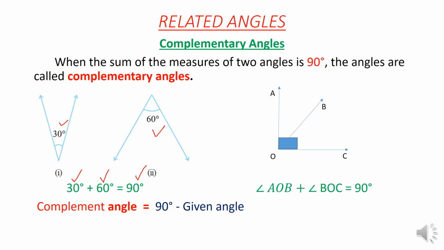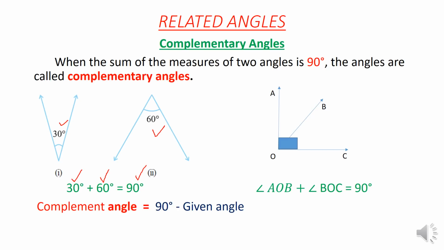Similarly, let us consider the second figure. Here the complete angle AOC is shown with a rectangle mark, which means its measure is 90 degrees, and it is divided by ray OB.